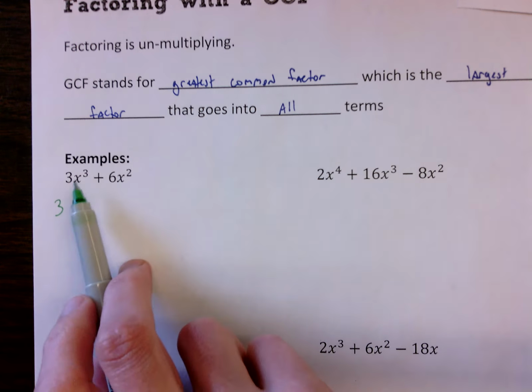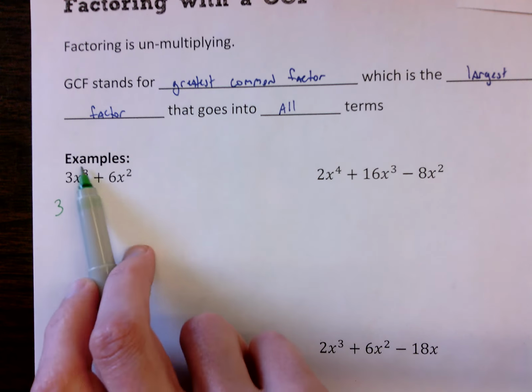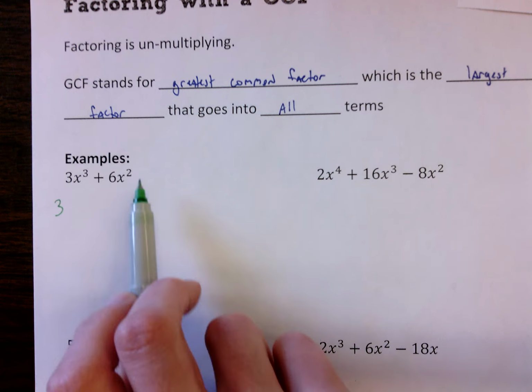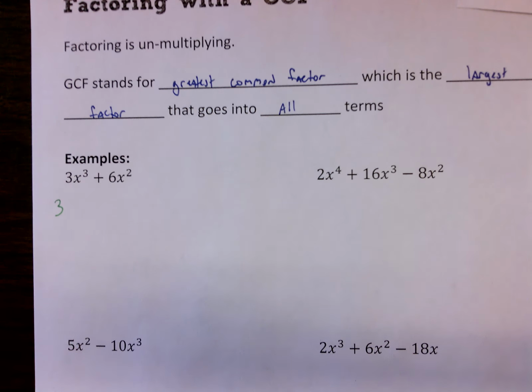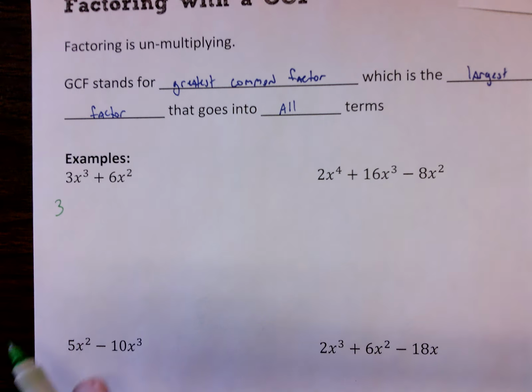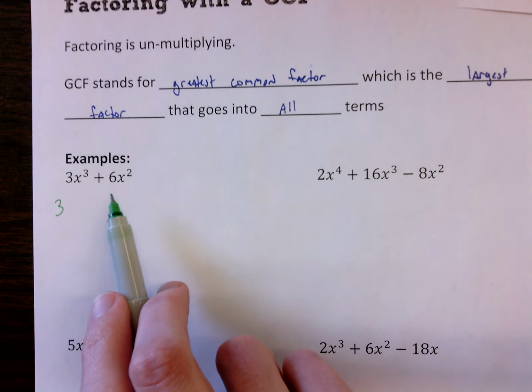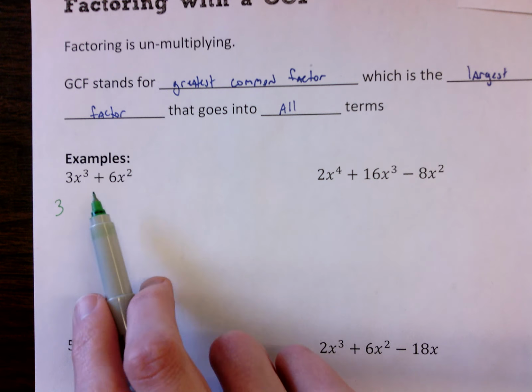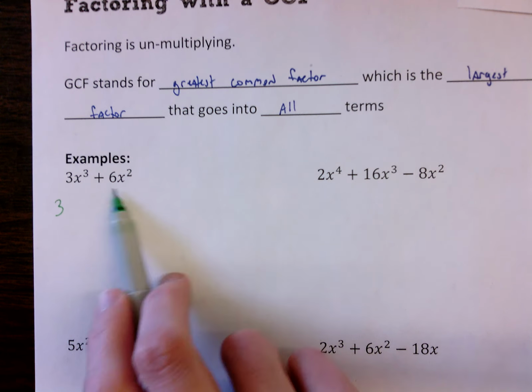Then I'm going to look at the x's and I'm going to say, okay, this guy has 3 x's. This guy has 2 x's. So how many x's can I take from both of them before somebody runs out? I could definitely take 1 from each of them and they both have some left over. I can take 2 from each of them, and then he would still have 1 left over, but he wouldn't anymore.